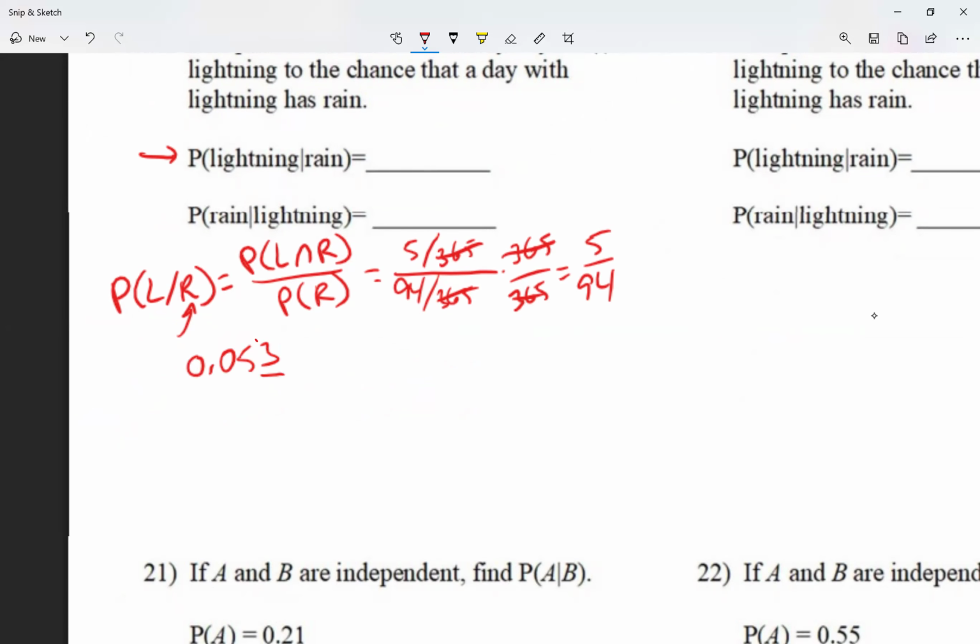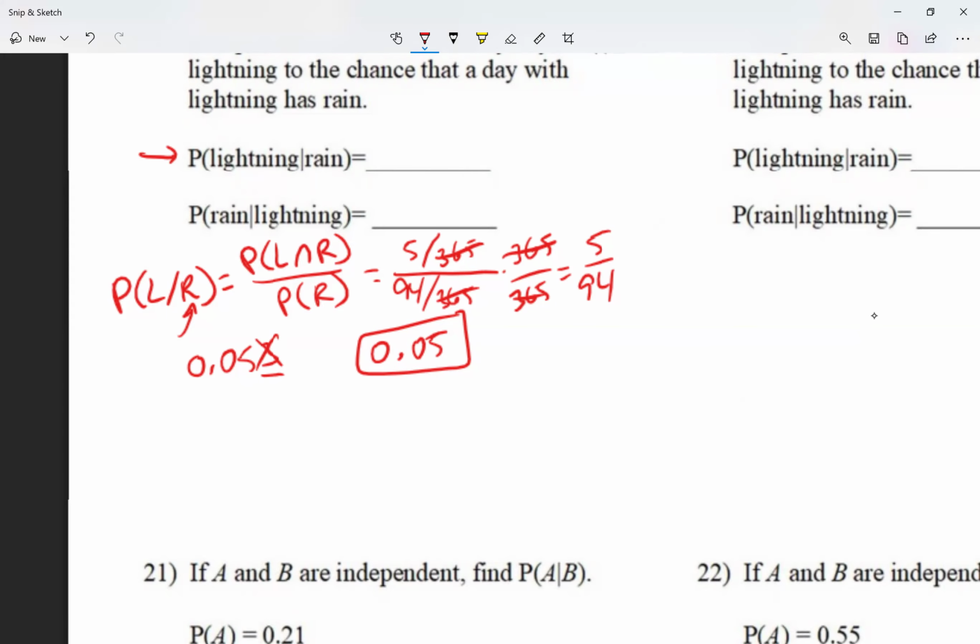My third decimal number is small, so I'm going to ignore it. My number is 0.05. So if I go outside and it's raining, the probability that I see lightning is 5%.